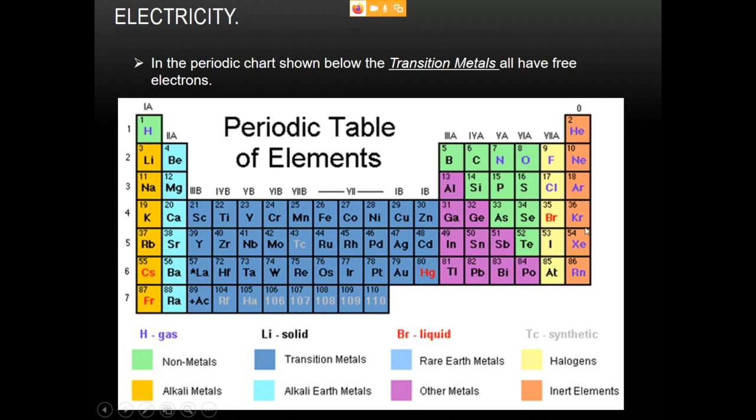And then over on the far right, we have what they call inert elements, which are actually all gases, because they don't react with anything else, even themselves, because they have the perfect match of electrons. So we have helium and neon and argon. These are gases, and they don't like to react with anything, okay?